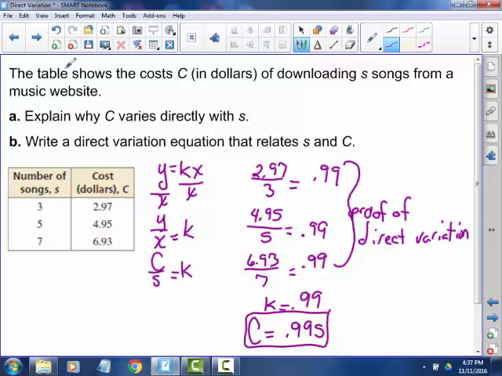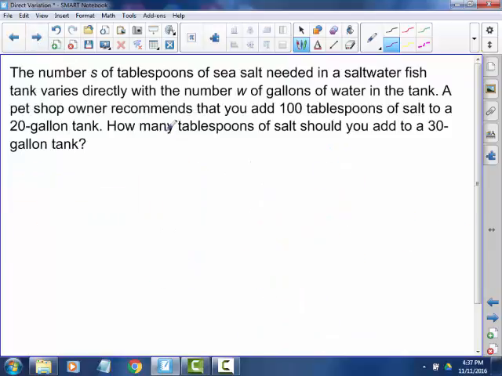All right, let's take a look at some more information. Okay, the number S of tablespoons of sea salt needed in a saltwater fish tank varies directly, okay, that's our direct variation, with the number W of gallons of water in the tank. All right, so that statement could be translated to S is equal to k, some constant, times W. Okay, that's what that statement says.